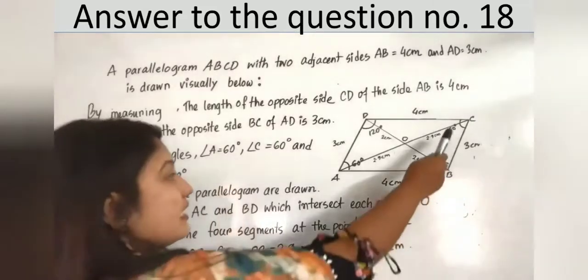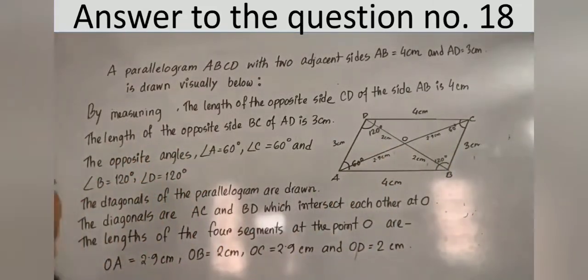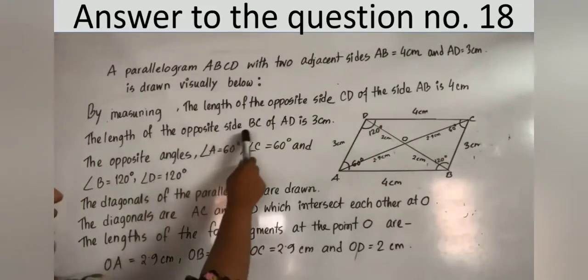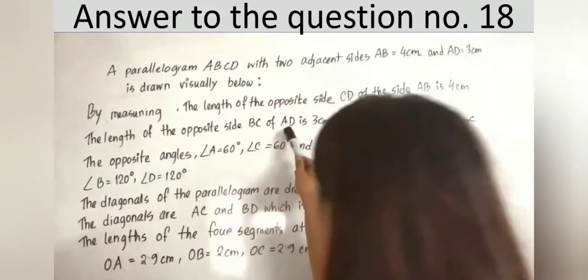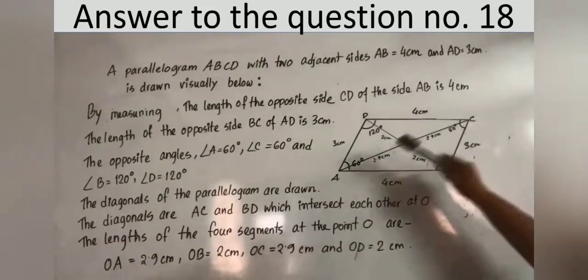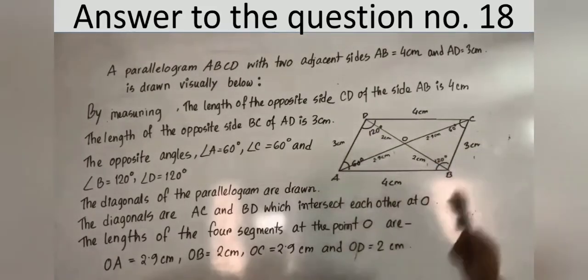As you can see, CD is the opposite side of AB and it is 4 centimeter. And then I have written the length of the opposite side BC of AD is 3 centimeter.